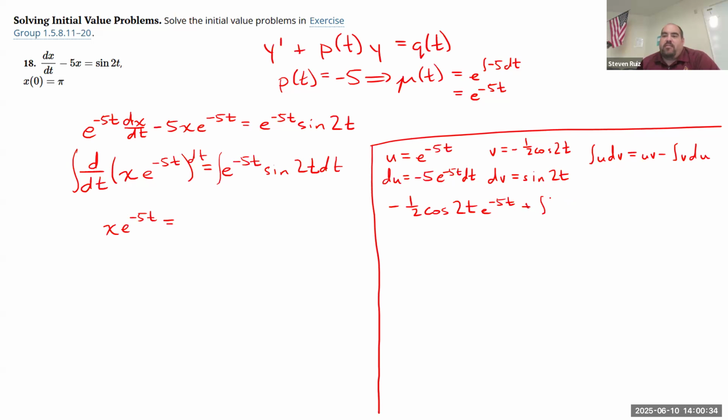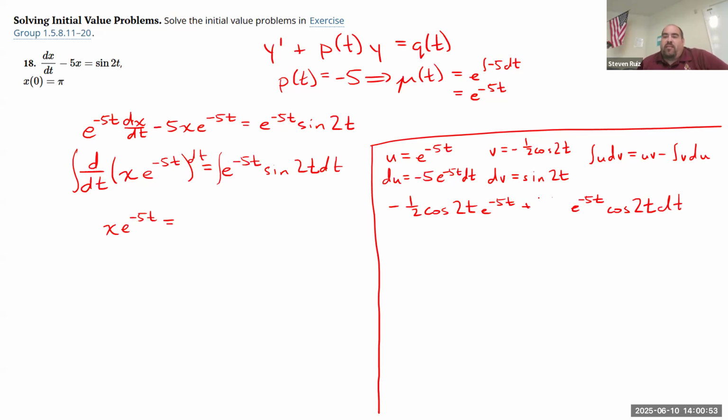So that's going to be plus the integral of 5/2 e to the -5t cosine 2t. Unfortunately, it looks like we have to do integration by parts again, so we'll go ahead and set that up again.